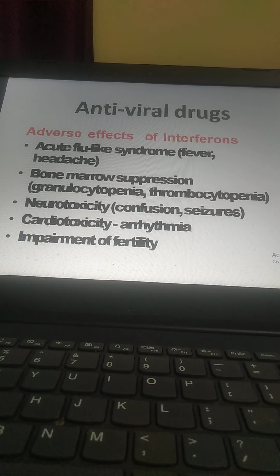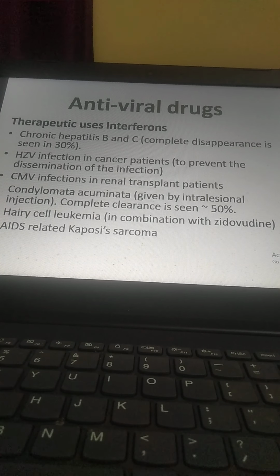Now, antiviral therapeutic use of interferons: where do we use them? We give them in chronic hepatitis B and C. Complete disappearance is seen in 30%. HZV infection in cancer patients, to prevent dissemination of the infection. CMV, cytomegalovirus infection in renal transplant patients.